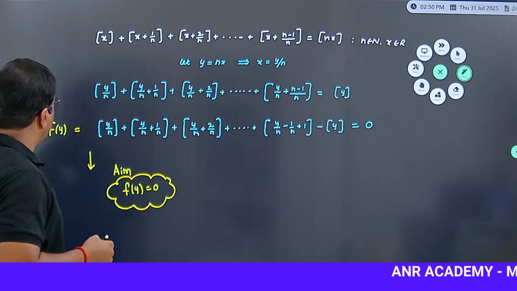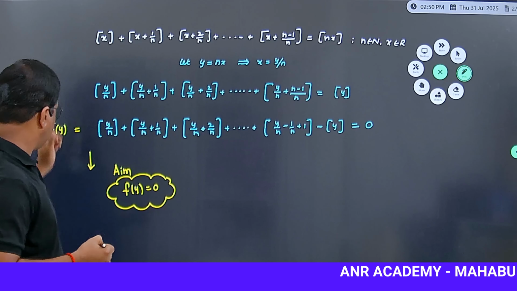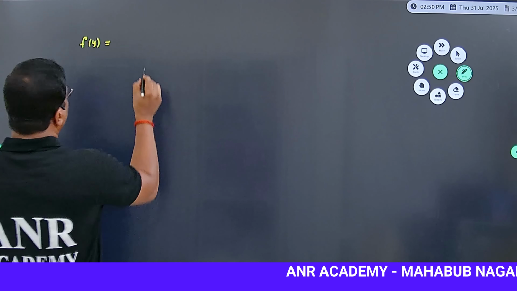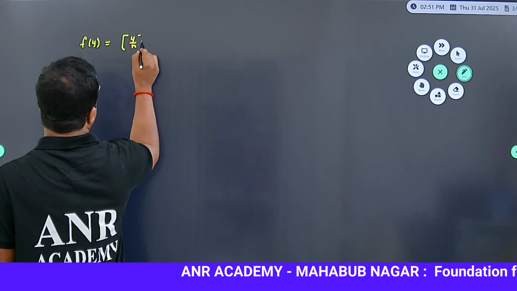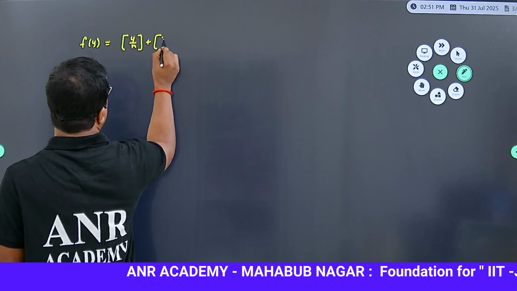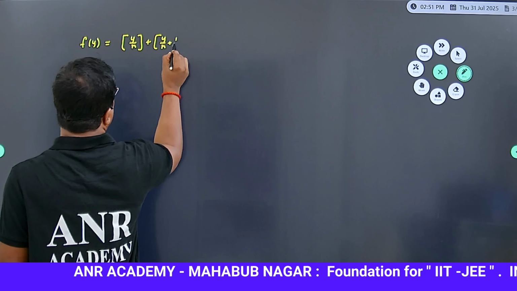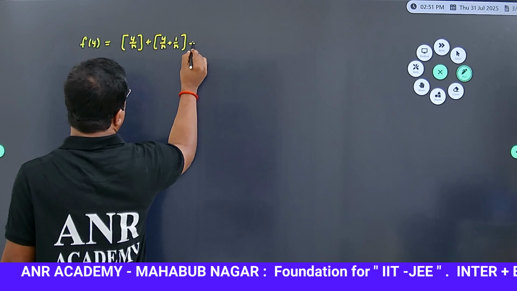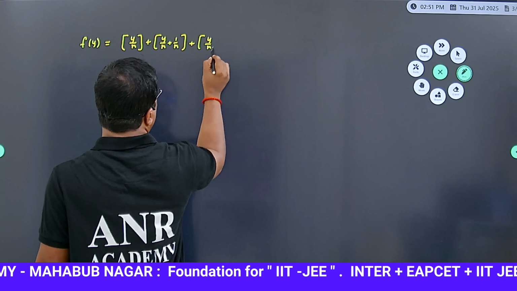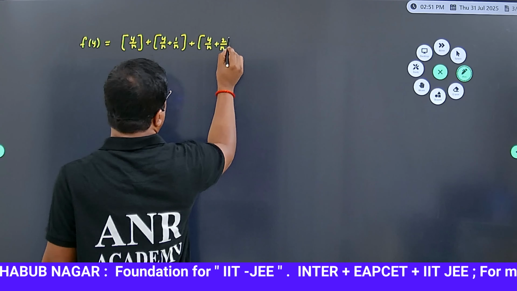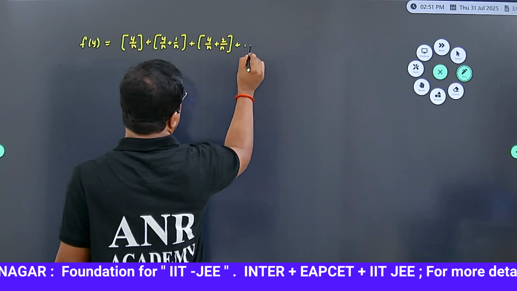Actually, by substitution, floor of x changed as floor of y by n. So floor of y divided by n. Next term, y by n plus 1 by n. Next, y by n plus 2 divided by n plus and so on.